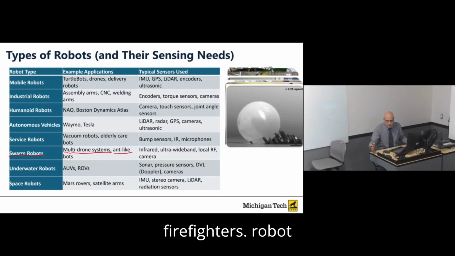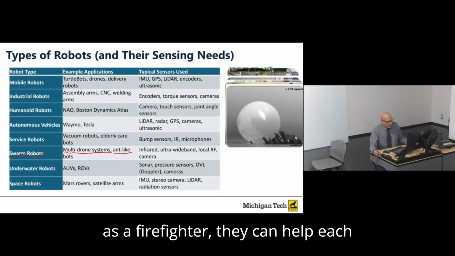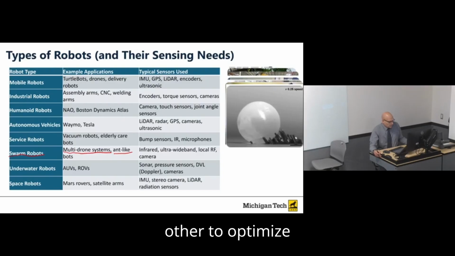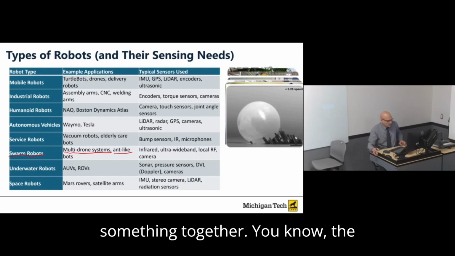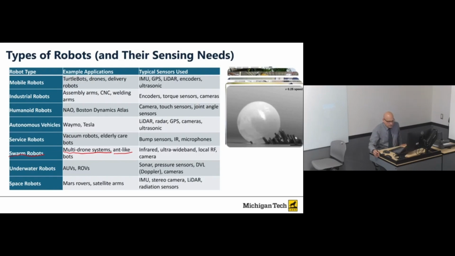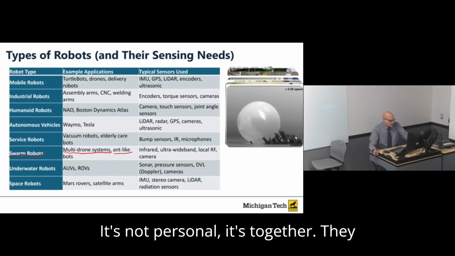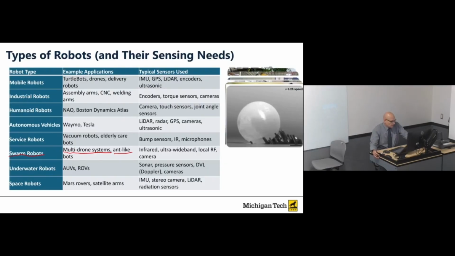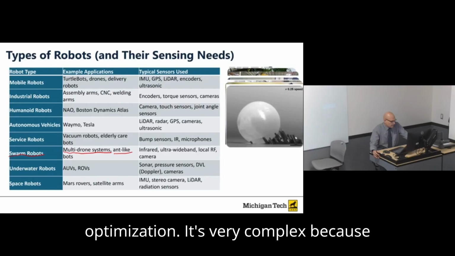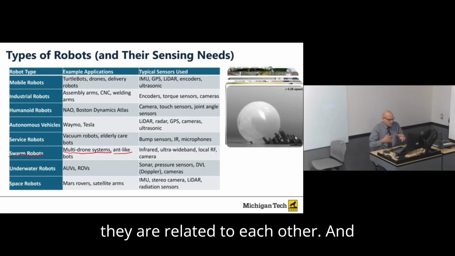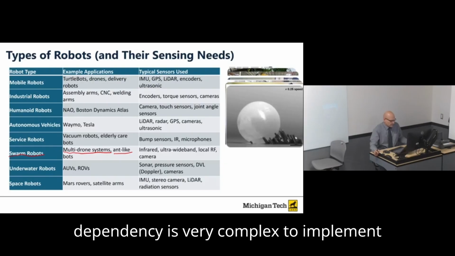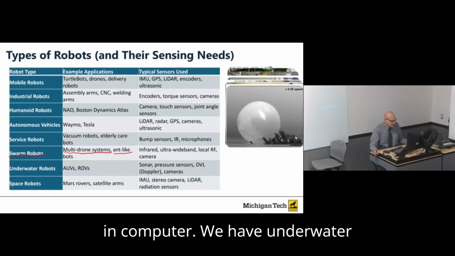For example, robots acting as firefighters can help each other to optimize something together. The general utility is important right now. It's not personal, it's together. They need to do general optimization. It's very complex because they are related to each other, and dependency is very complex to implement in a computer.